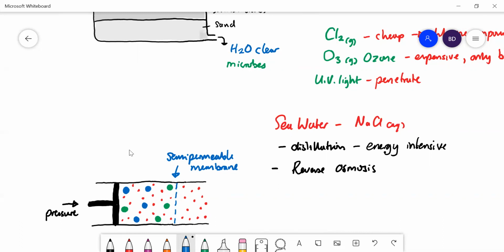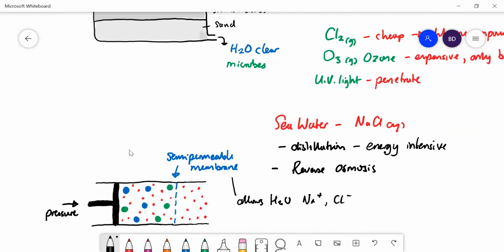A semi-permeable membrane will allow H2O through it, but it won't allow the sodium ions and the chloride ions, which I've drawn there as those coloured blobs. They're too large to pass through the pores in the semi-permeable membrane.